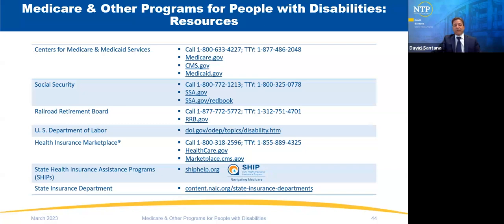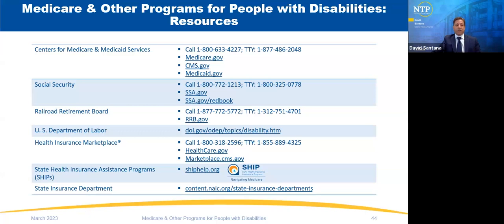The next couple of slides just basically go through a series of resources to help you with more information. We have our websites listed in there: Medicare.gov, which is primarily for Medicare beneficiaries, CMS.gov, and Medicaid.gov.